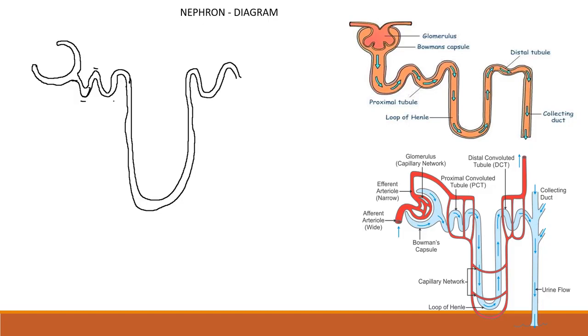So if you see the convolution, 2.5 convolution in the proximal convoluted tubule, this is our P, proximal convoluted tubule, and this is the distal convoluted tubule. Proximal convoluted tubule, distal convoluted tubule, and this will join the collecting duct, right? This will join the collecting duct.